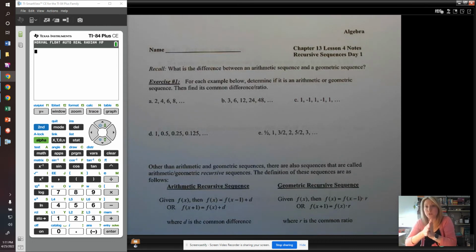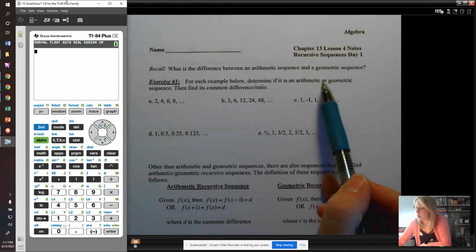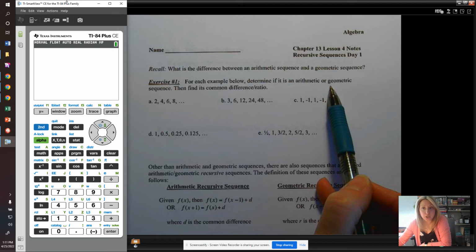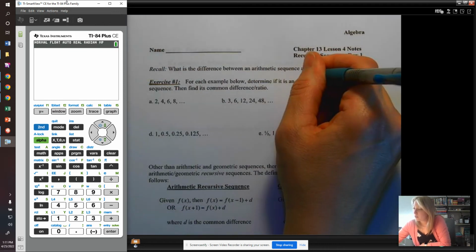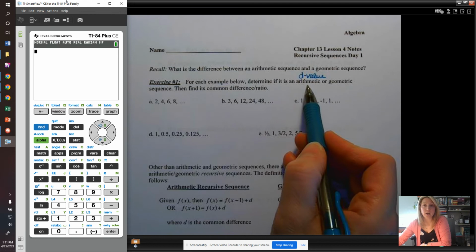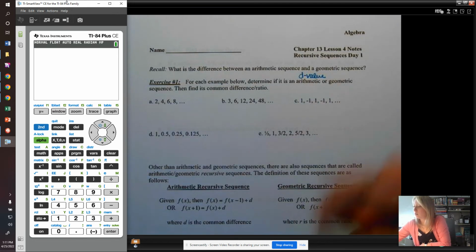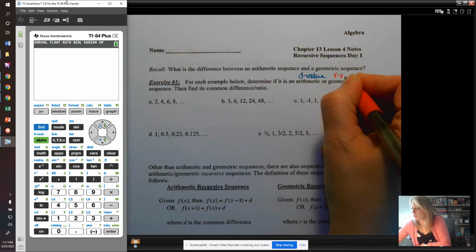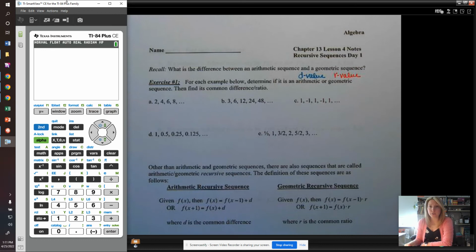So what is the difference between arithmetic and geometric sequences? That's what we had just spent Lesson 3 combing into. Now what we'll do here is start looking for the common difference for arithmetic or the R value, the common ratio, for geometric.